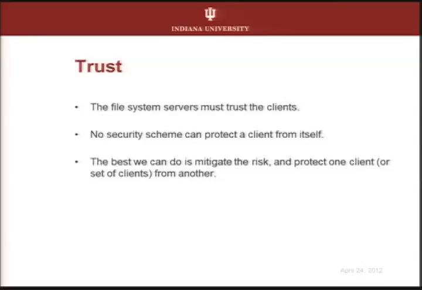There is nothing we can do to protect a client from itself. The only thing you can do is mitigate the risk and protect one client from another. And that's unfortunate, and I've spent a lot of time, and certainly lots of people far brighter than I have spent a lot of time trying to figure this problem out, and it just doesn't work. Even if you have user authentication credentials, rooted is rooted.